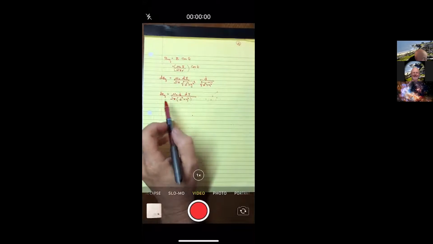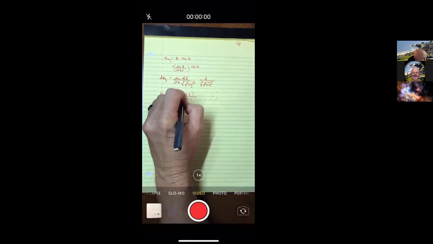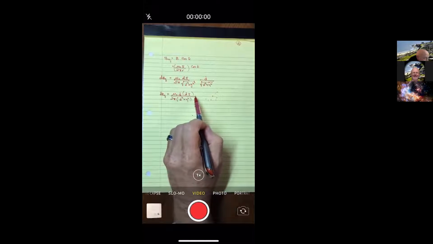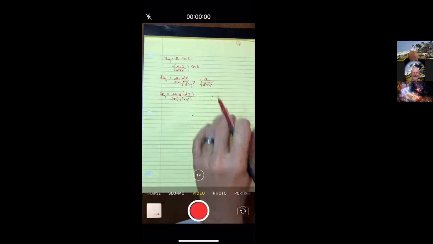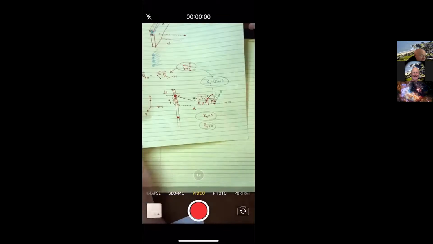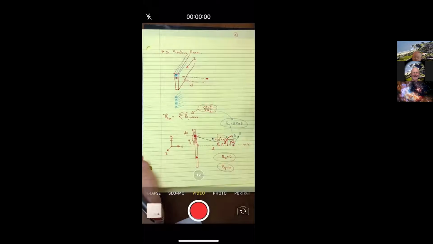Of course, now I want to add them together, but I want to take an additional step here because this is the current that's in that little rectangular piece. Coming back over to this picture, if you remember, we did a lot of this with Coulomb's law and Gauss's law.